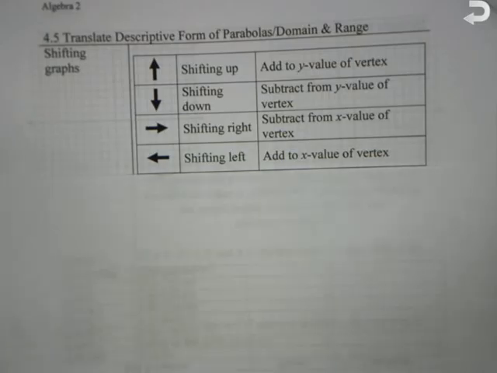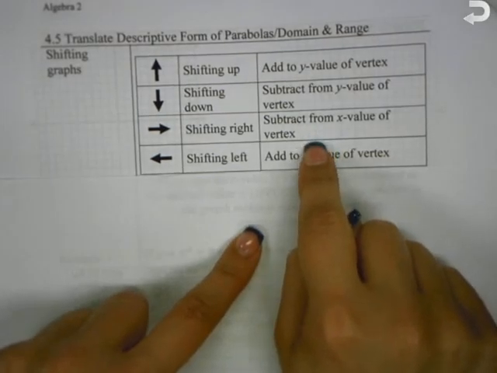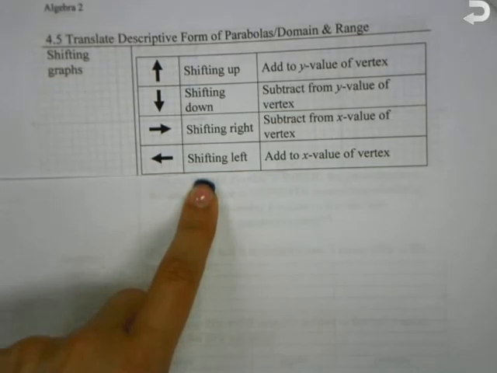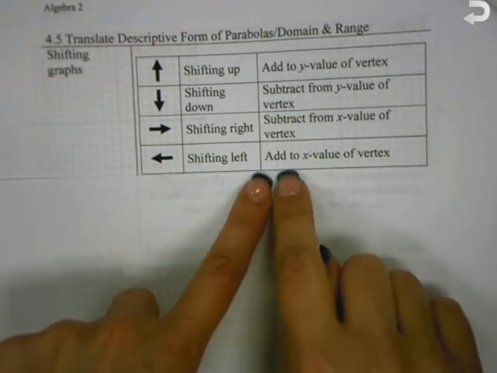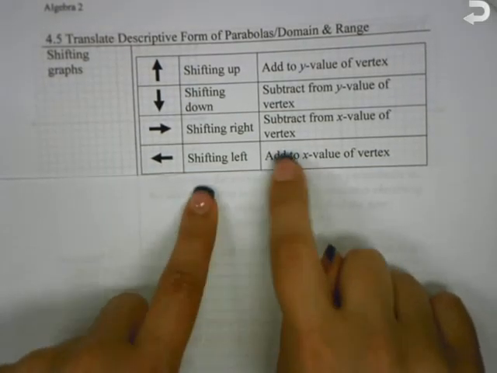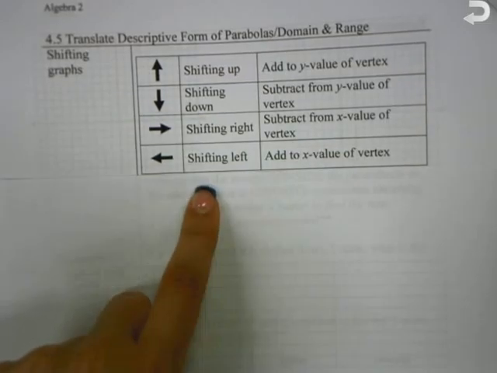But because of that minus in the vertex form, we're actually subtracting. So when we shift the parabola to the left, our x value is getting added to. So when we're shifting right and left, it's actually the opposite of what you think you're going to be doing. Okay?